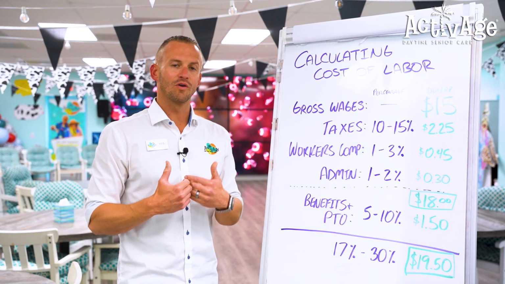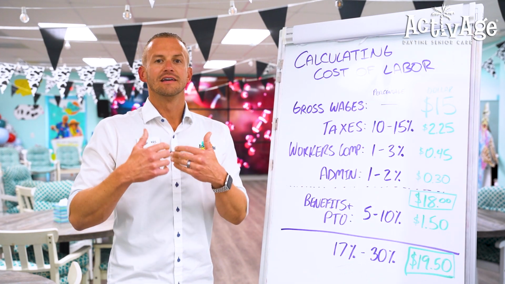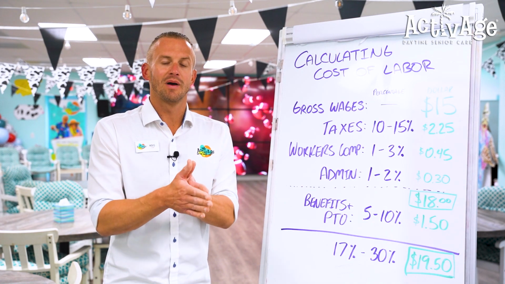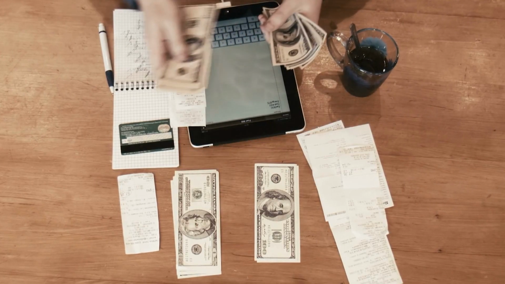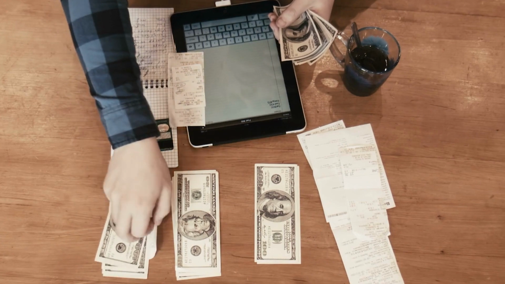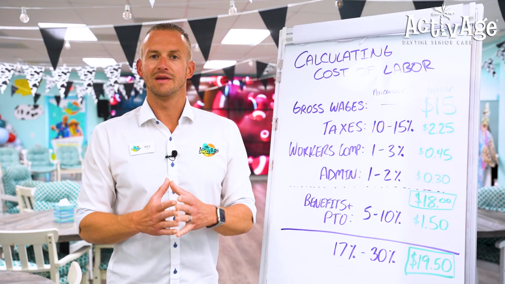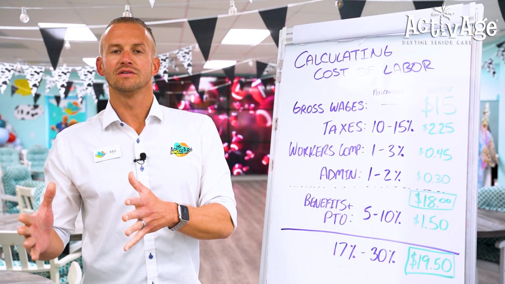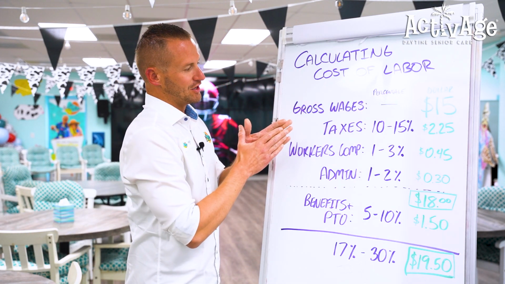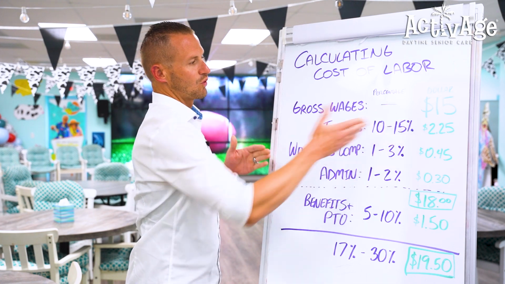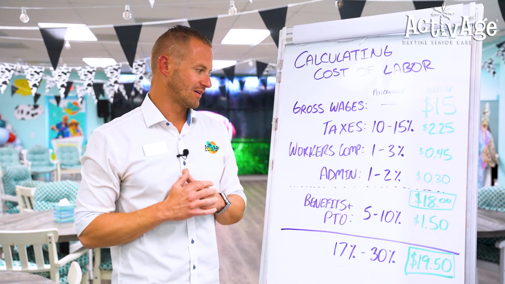Again, this could be on the lower end. Your total all-in taxes may only be 8 or 9 or 10%, but you might be in another state where not only do you have your federal income taxes, but you also have state taxes. So it's important to build that buffer in, anywhere between 10 to 15%. If you're paying someone $15 an hour, you're gonna spend about $2.25 in taxes on top of that $15 an hour.